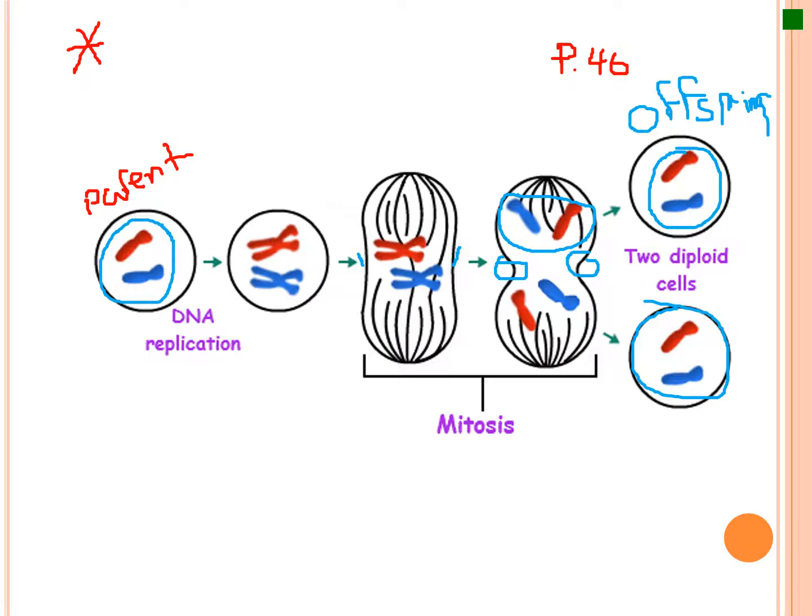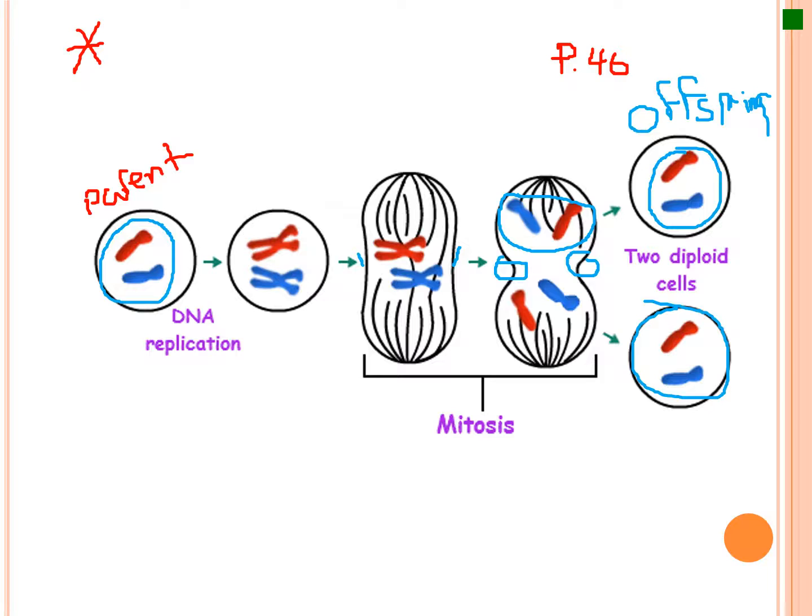So if this was a human, you have 23 pairs of these. Then it gets doubled. After it gets pulled to the opposite ends of the cell, you get back to 23 pairs of chromosomes. Okay, and that's pretty much mitosis.